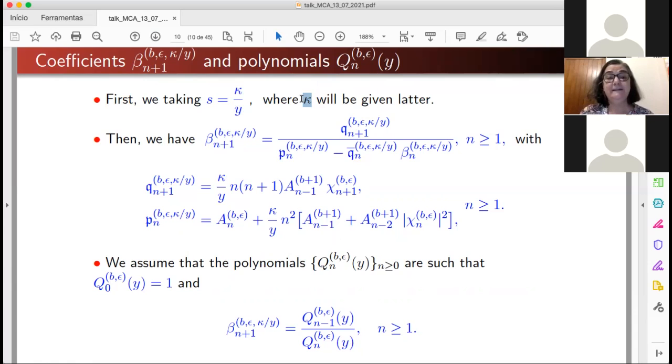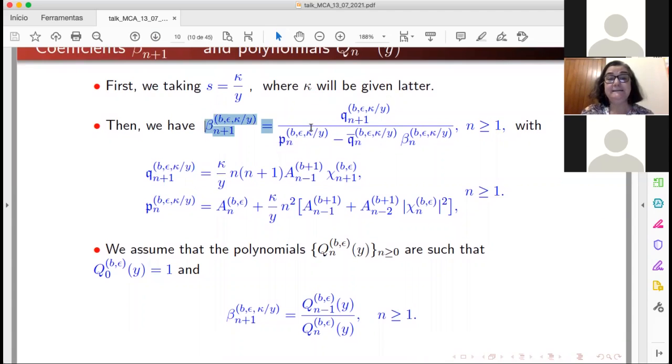We'll define this kappa later, okay? So now we are talking about some betas that depend on kappa and y, y also positive. The idea is just to change the s that we had before, and now we have s equal to kappa over y here, and if we multiply by y both sides, we see that y times Q will not depend on y. That's the idea.